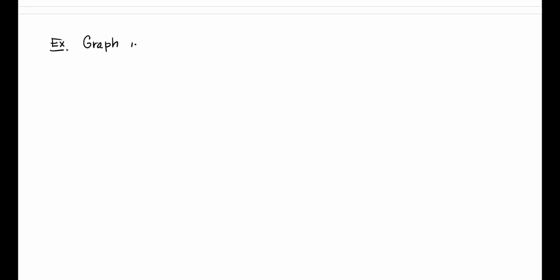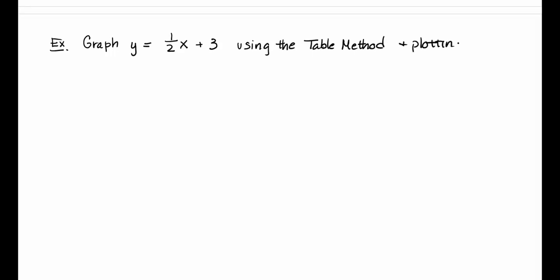Graph y equals 1/2 x plus 3. Again, we're going to be using the table method. Table method and plotting points.